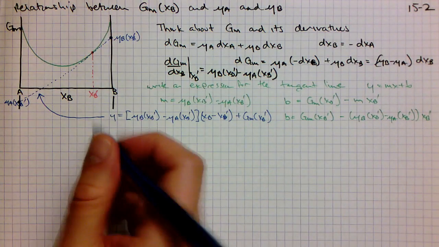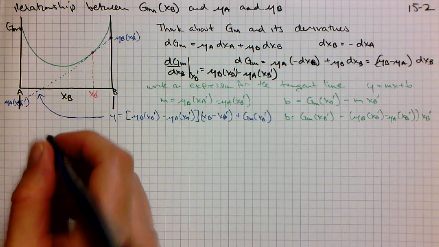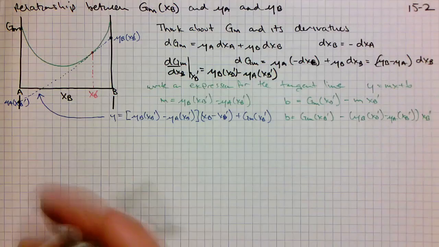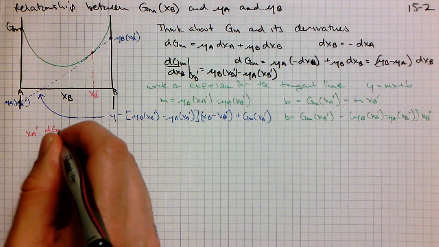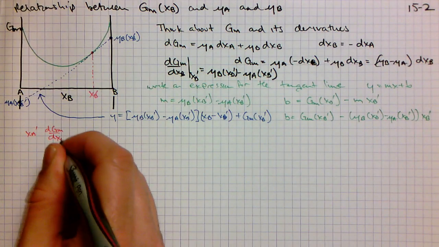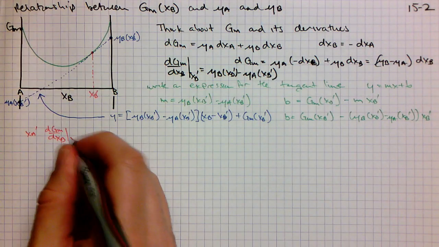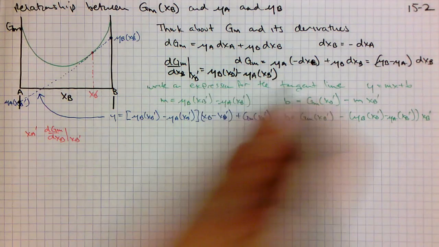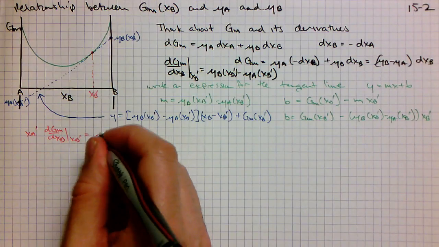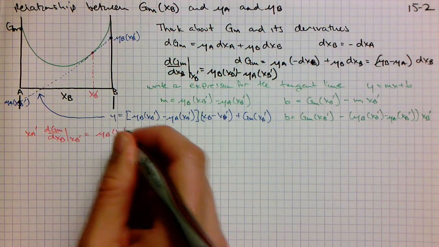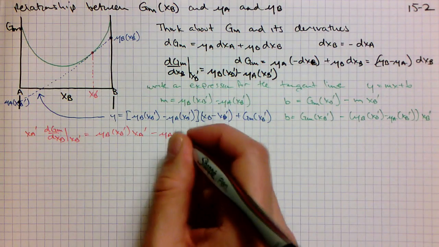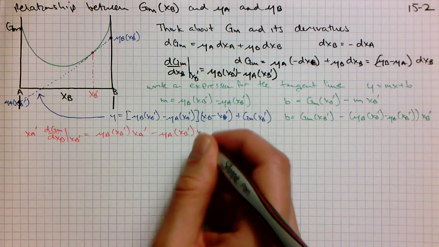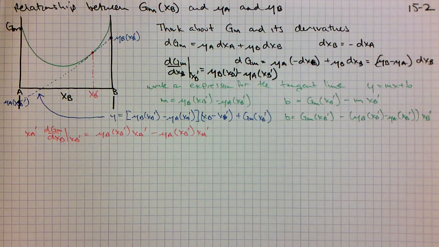And so xa prime times dgm/dxb at xb prime is equal to mu b xb prime xa prime minus mu a xb prime xa prime. Okay, that's pretty simple. We just multiplied through by xa prime.